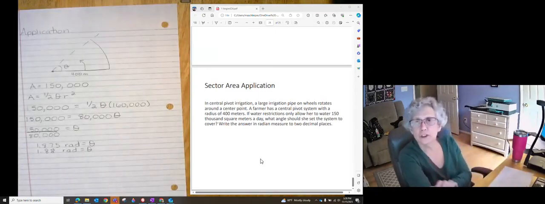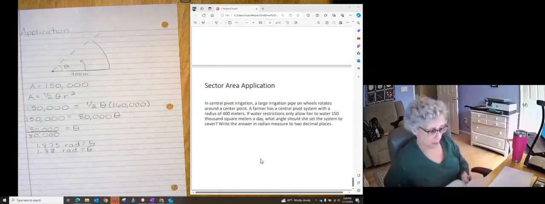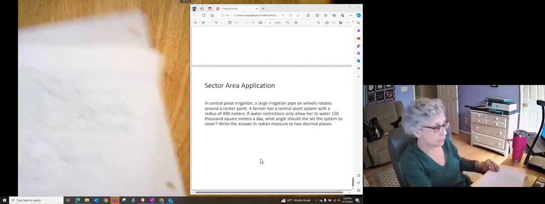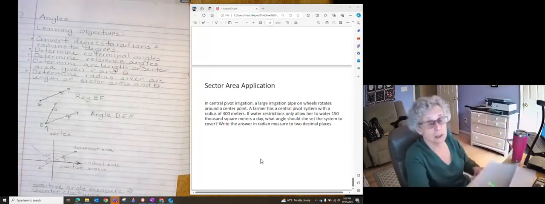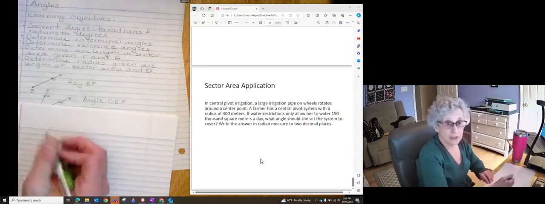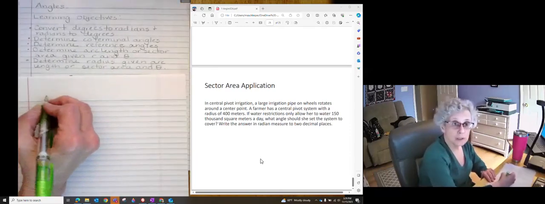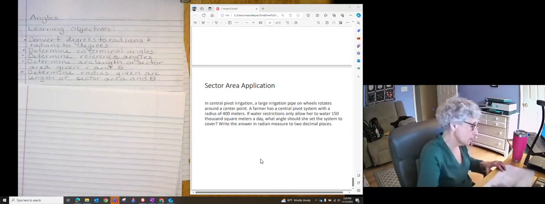Alrighty, you've learned all about angles. We actually learned a whole lot. We learned about converting back and forth. So let's think about what you're going to make flashcards of. You want to have your formulas for conversions on a flashcard.